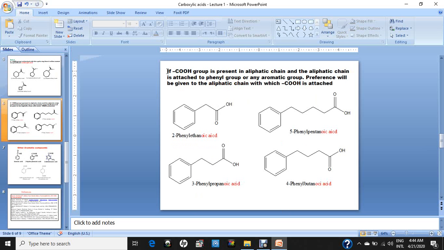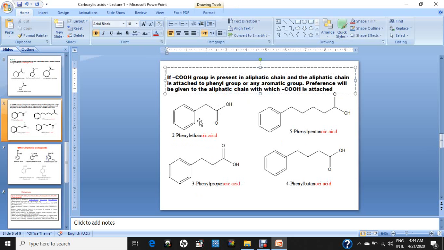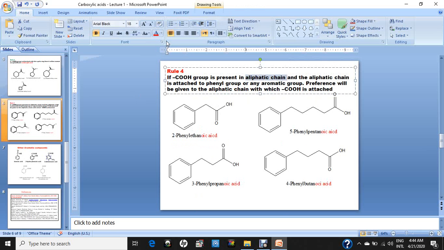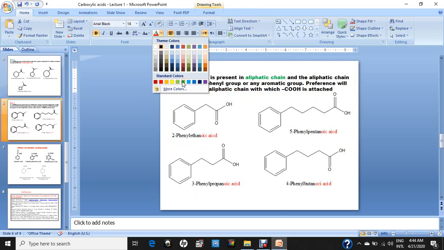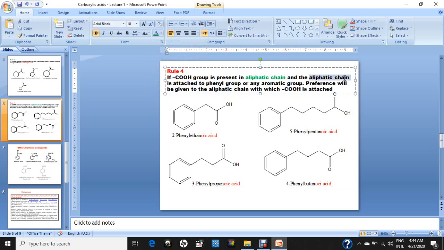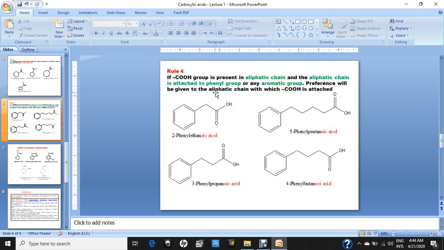Rule number 4. What is written here? If the COOH group is present in an aliphatic chain, aliphatic meaning a linear chain, and that aliphatic chain is attached to a phenyl group or any aromatic ring, preference will be given to the aliphatic chain.